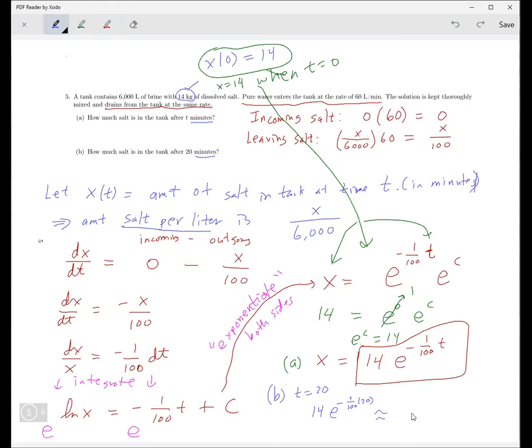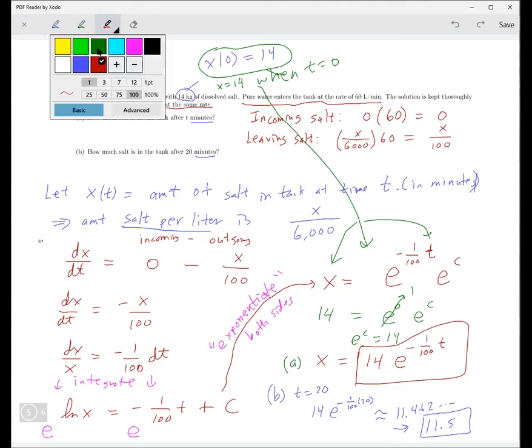I used the calculator and I got 11.462, and so on. But it says round to 1 decimal place, so 11.5. 11.5 kilograms of salt is left in the tank.